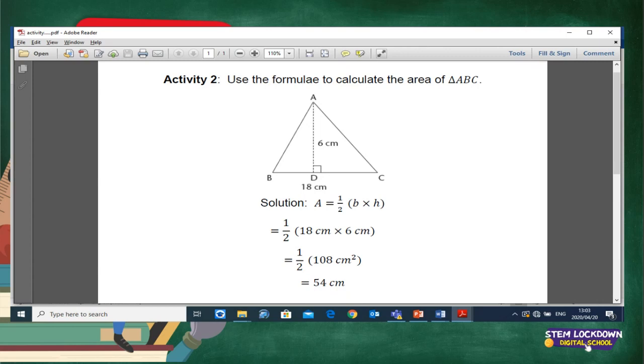That will be the area. It will be 54 square centimeters, not just centimeters, but square centimeters. Remember, you're multiplying the two: 18 centimeters times 6 centimeters gives you 108 square centimeters. And of course, this helps us to interpret or to use the formula to calculate the area.